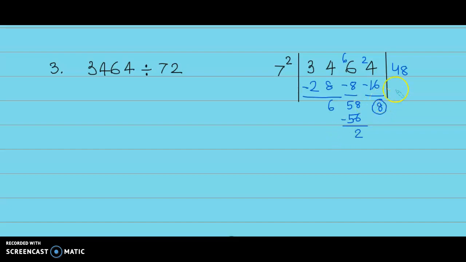So 8 is your remainder and 48 is your quotient. This is your quotient and this is your remainder, and that is the answer. With little practice you can solve such questions in a matter of 5 to 6 seconds.